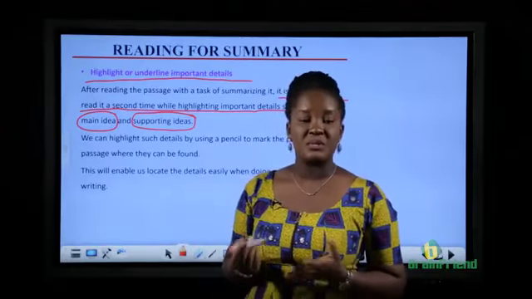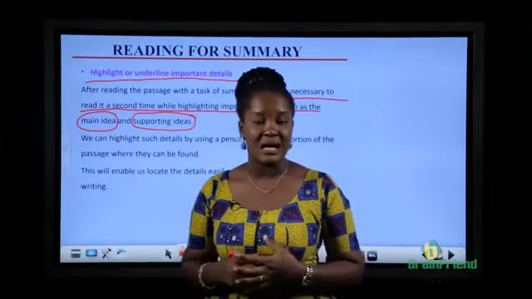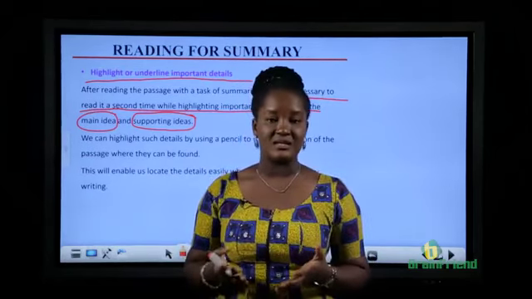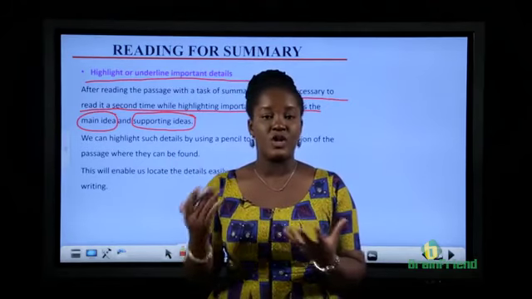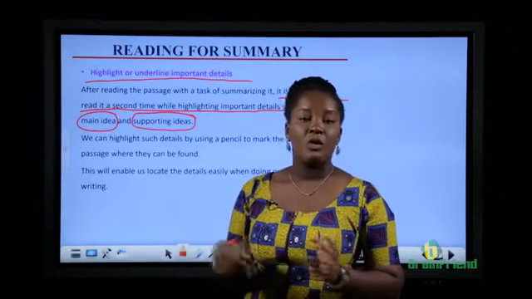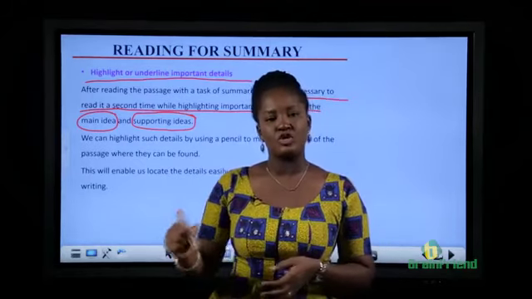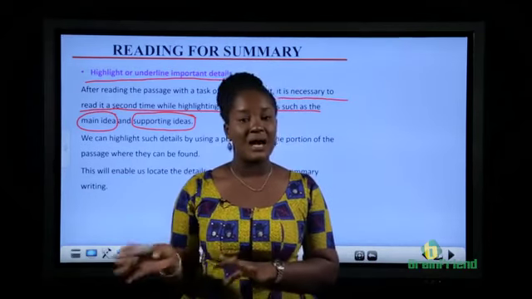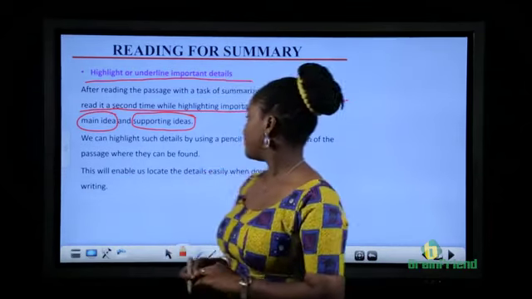As you read through, it's important for you to identify the main ideas of what you're reading and supporting ideas. So highlight them any way you know how best to do so. You can do so by underlining them, or by circling them, or by taking note of them as you read, probably in your jotter or in another book altogether.